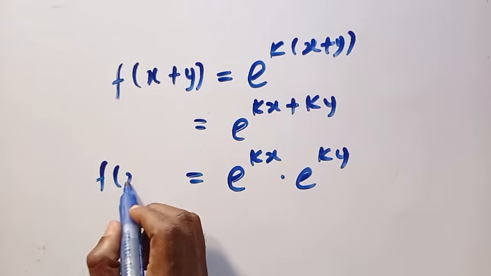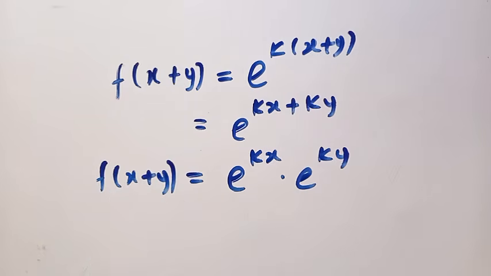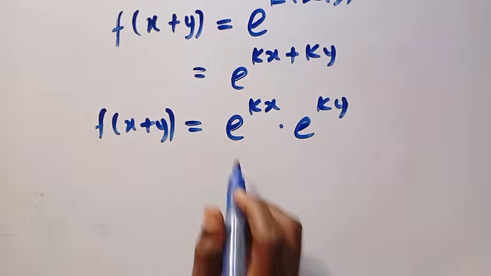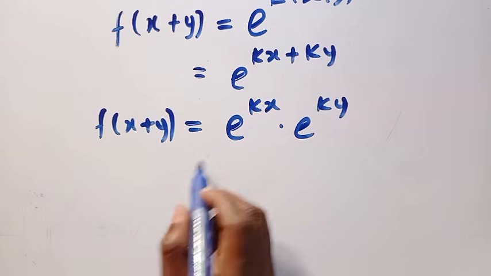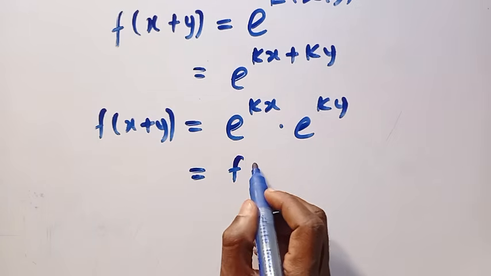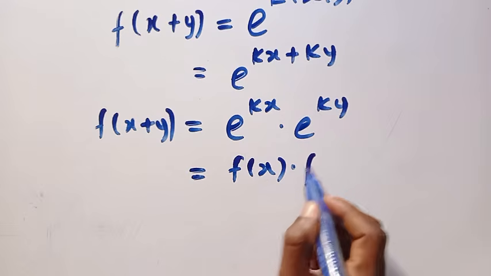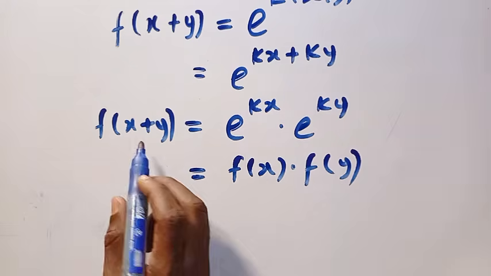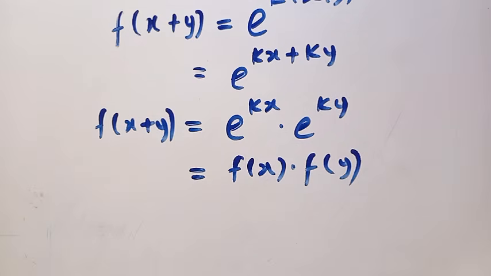So this equals f of x plus y. Initially, we have f of x equal to exponential kx. So therefore, we can just write this as f of x multiplied by f of y, which equals f of x plus y, which means it is satisfied. So with regularity assumptions, we have f of x equals exponential of kx. Or to make it general, we can just say f of x equals exponential g of x.